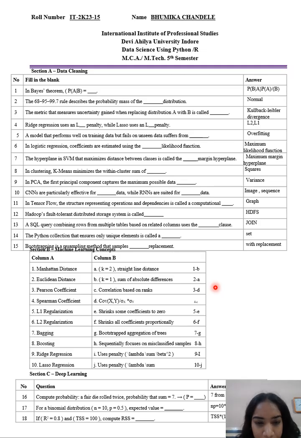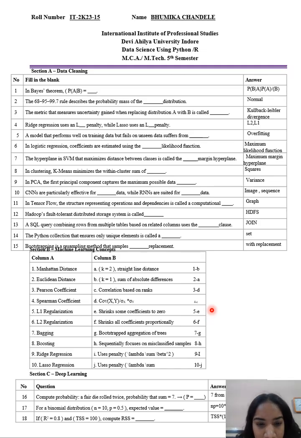After that, third, Pearson coefficient. The answer is D, cov(x,y) divided by σx multiplied by σy. Fourth question, Spearman coefficient. The answer is C, correlation based on ranks.